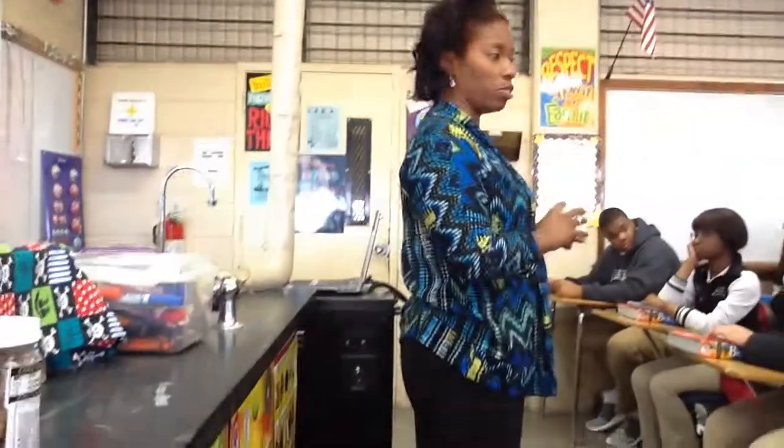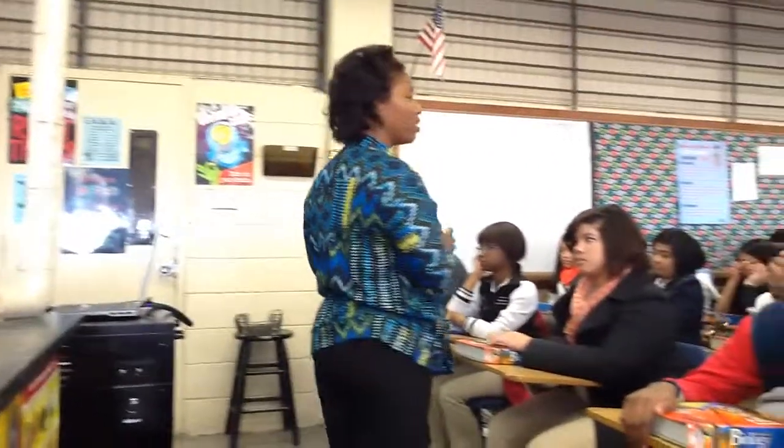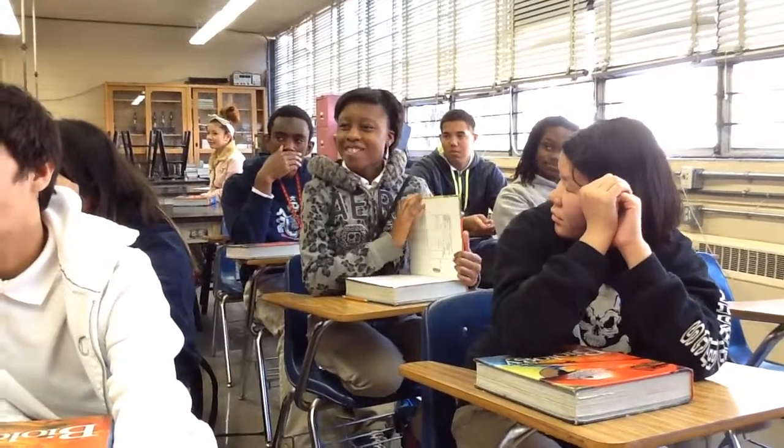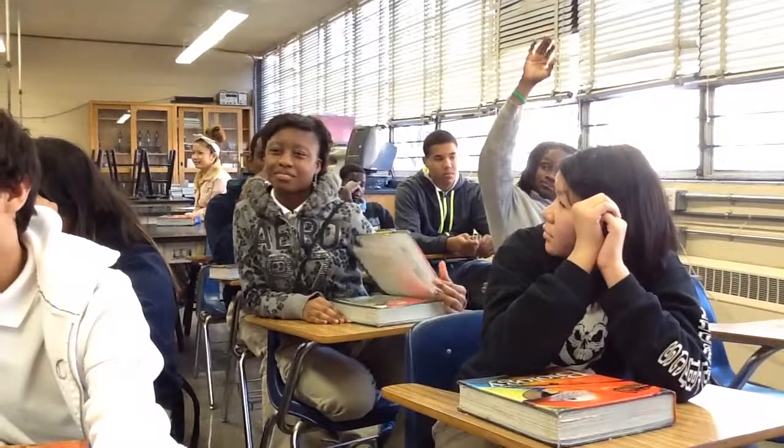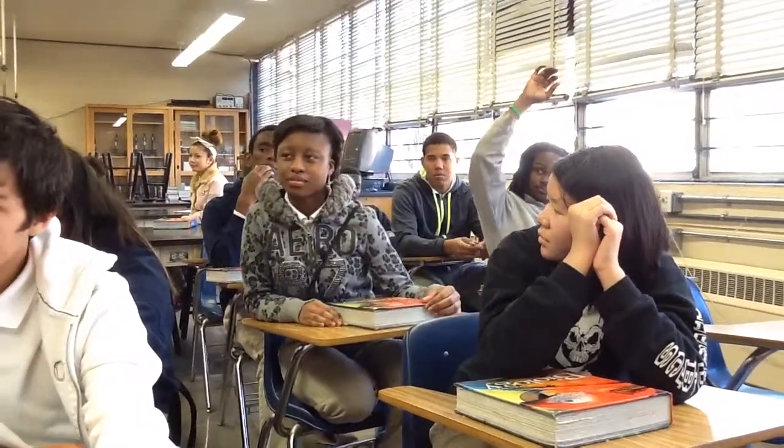Like the skeletal system. Okay, what could be different about the skeletal system of animals? Some of them, like the amount of fingers they have, or like the wings. Some have wings and some have arms. Good. That's important. Okay, that's good, Paula.